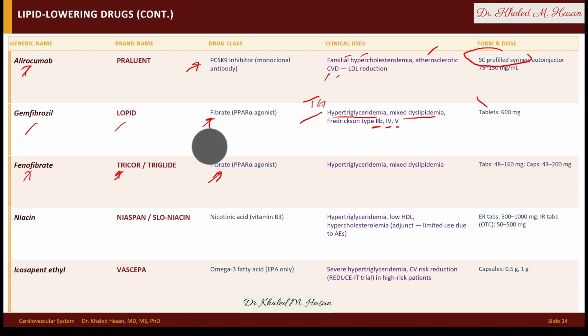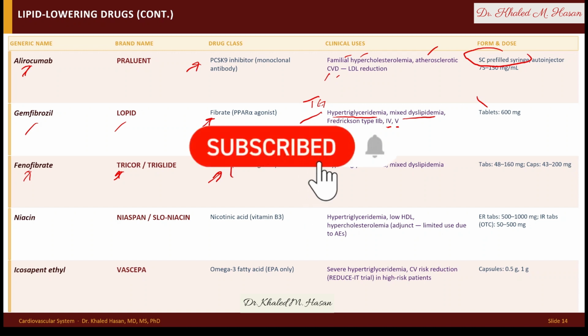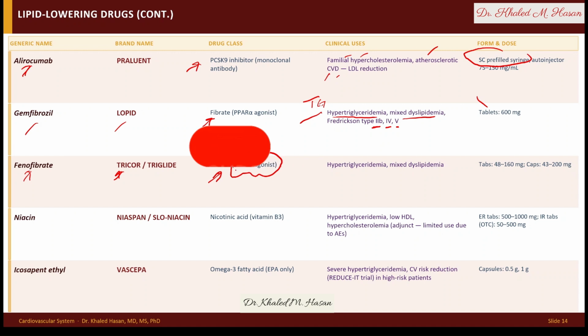Someone may ask about the mechanism of action. You can see here we have a nuclear receptor, and this receptor is called PPAR alpha, peroxisome proliferator-activated receptor alpha. And this receptor is responsible for lipid regulation, PPAR alpha. Again, used similar to fenofibrate, gemfibrozil.